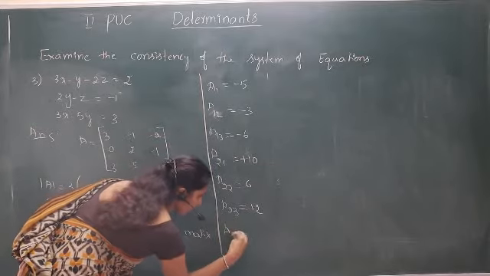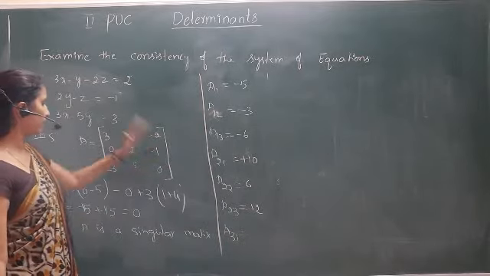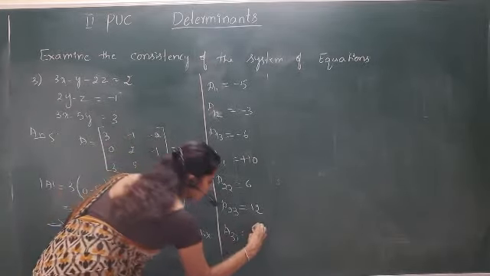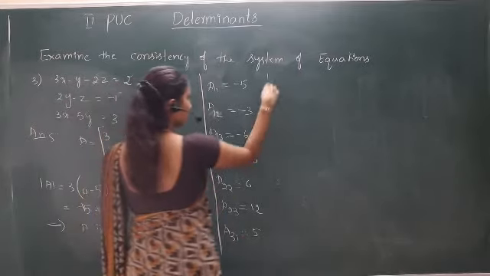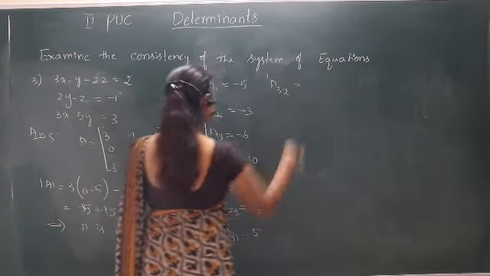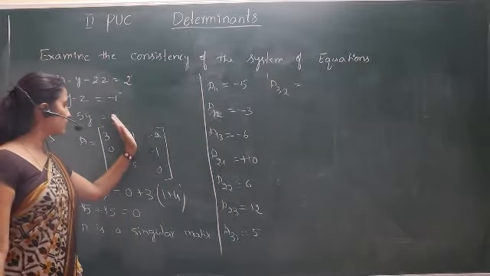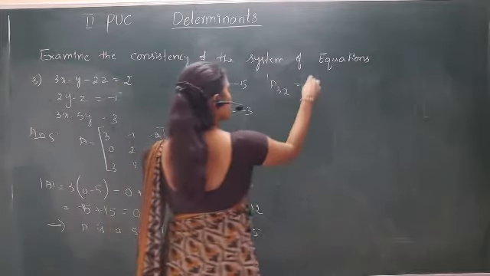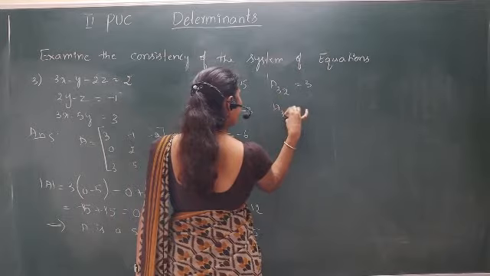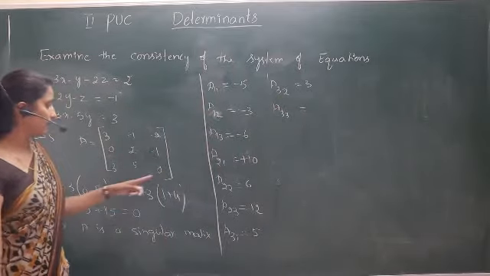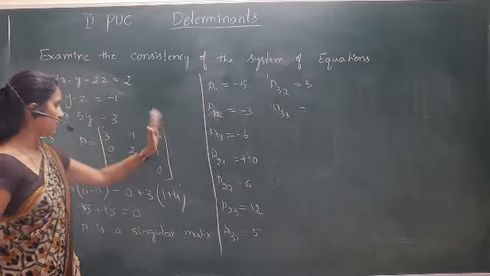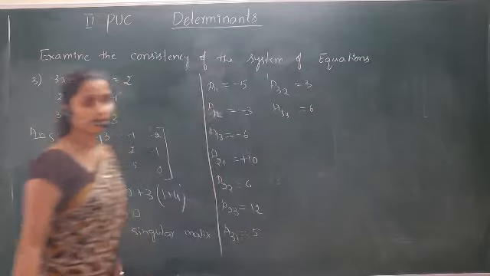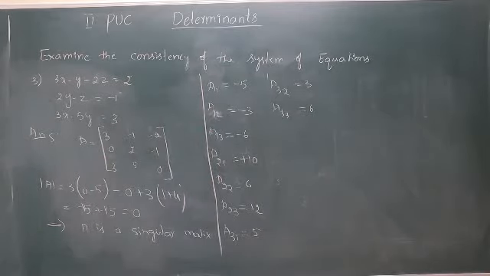Then A31, deleting like this, 1 plus 4 is 5, so it is plus 5 only. Then A32, by deleting this row and column, minus 3, and again the sign is minus, so it is plus 3. A33, by deleting this row and column, we get 6 minus 0, so it is 6 only. So what is the adjoint value we got?